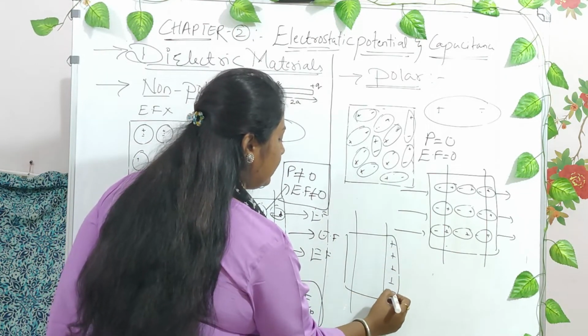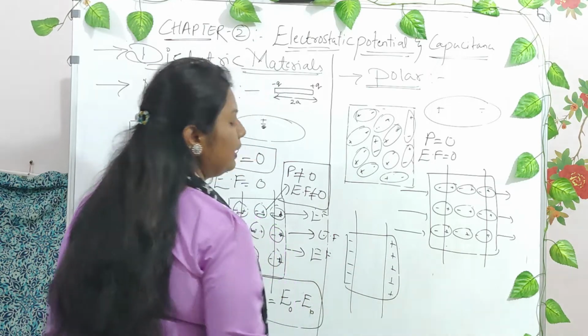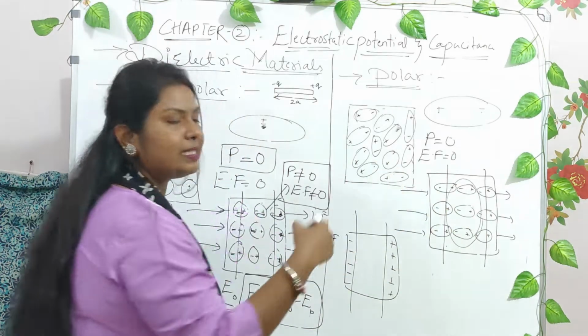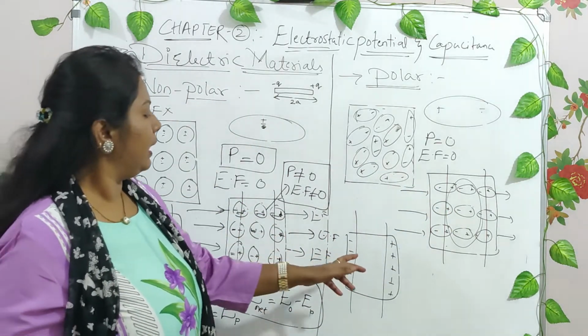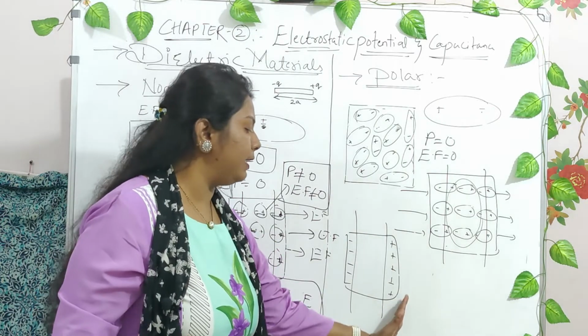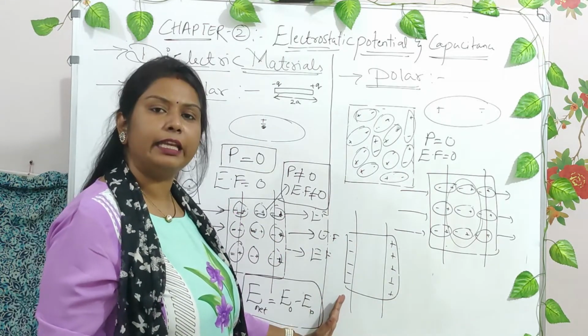Positive at right hand side and negative at left hand side, right? And all the central charges get cancelled out, and hence you get a material with two layers, right side positive and left side negative.